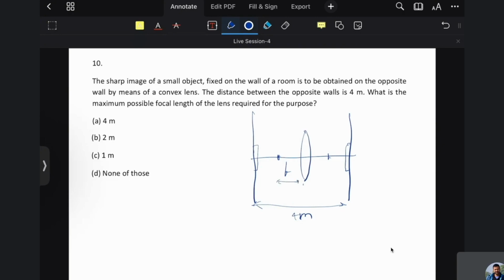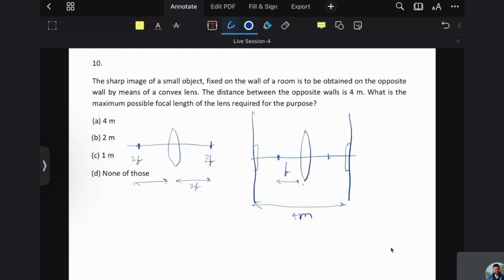And as I told in the first and second problem, if you have your object at 2f, its image will be formed on the opposite side at 2f, right? This is the property of a convex lens, right?